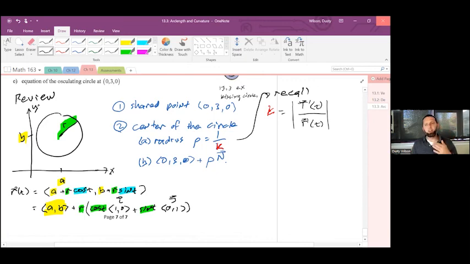That's like how fast the unit tangent is changing divided by the magnitude of the arc length. And these are both magnitudes. So T prime of t and r prime of t are both quantities that we found earlier on in our notes.